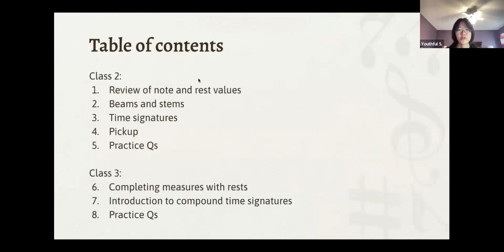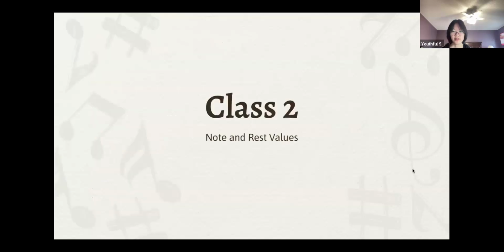So this is an overview. This is a larger unit, so we'll split it into two classes. This class will be mostly review and some stuff about beams and stems.